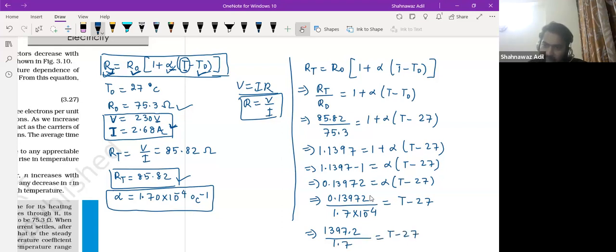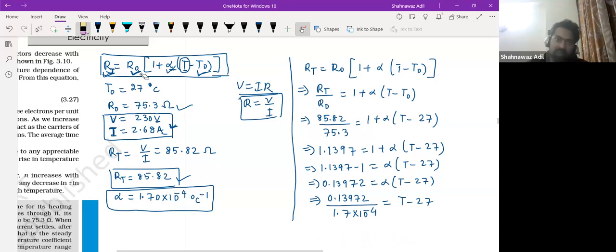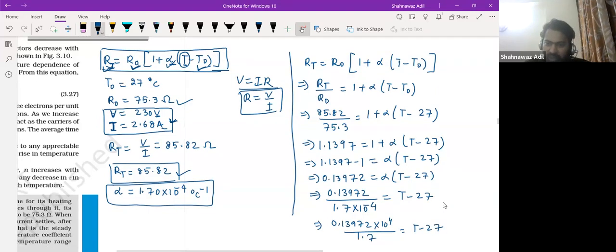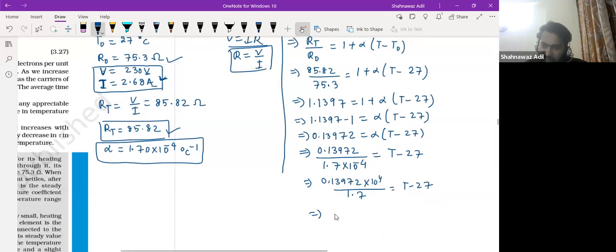Because this 10 to the power 4 goes upstairs, this would be 0.1397 times 10 to the power 4 divided by 1.7 equals T minus 27. This is 1397.2 divided by 1.7 equals T minus 27.